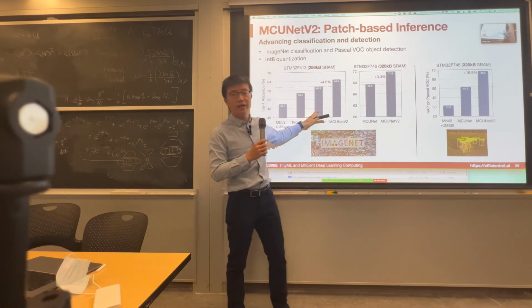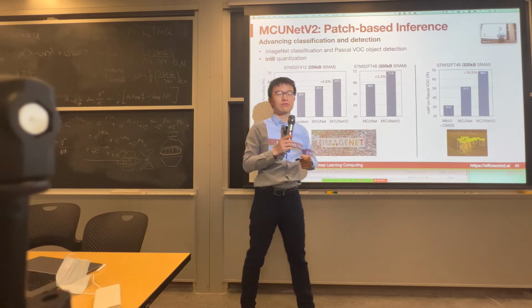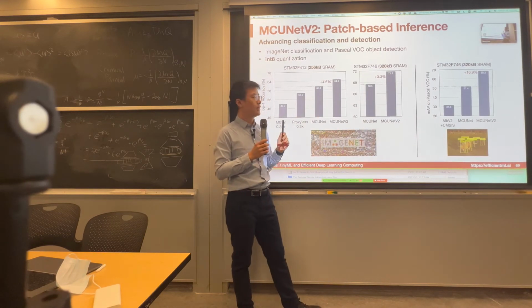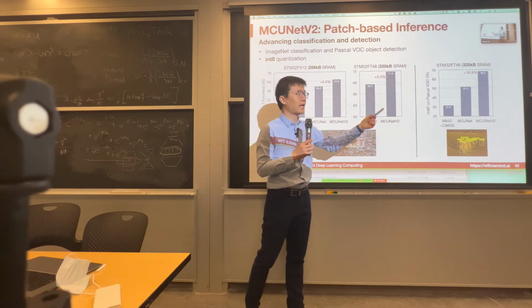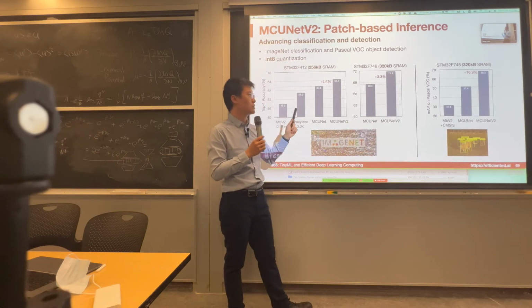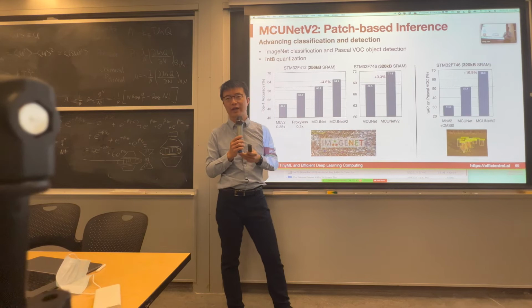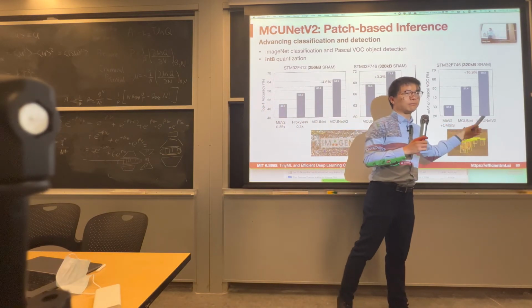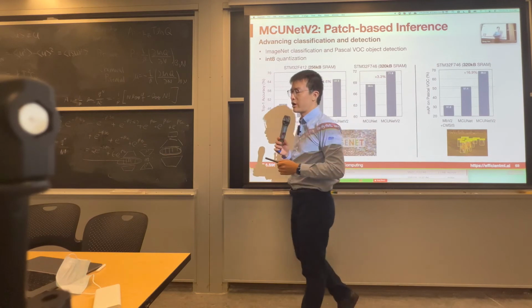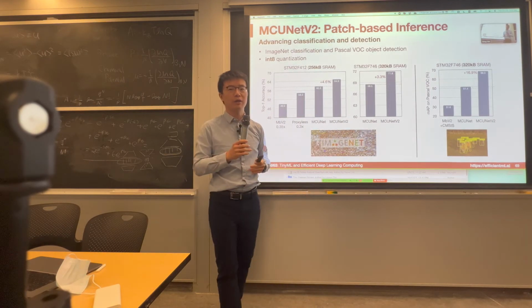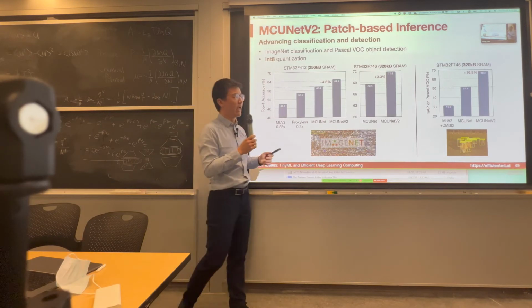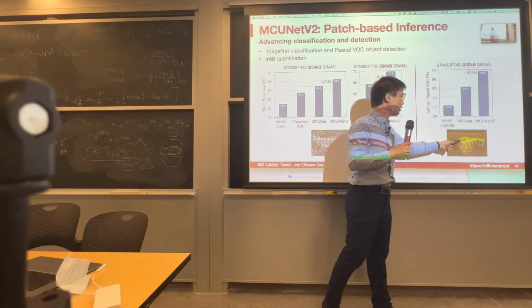So from classification to detection, we find that with smarter model design, the improvement on detection is much higher, much larger than classification. This is because MCUNetV2 can alleviate the large activation issue so that we can fit a larger resolution. And for detection tasks, the resolution matters a lot.